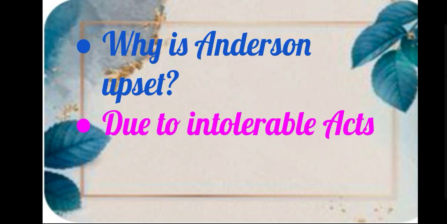Now, why is Anderson upset? Anderson is upset about a new set of unfair tax rules established by the British called the Intolerable Acts. As you know, these acts will become bills afterwards.